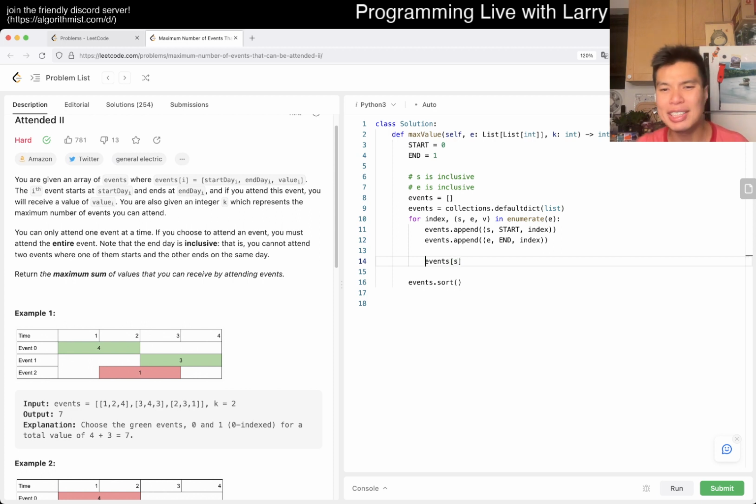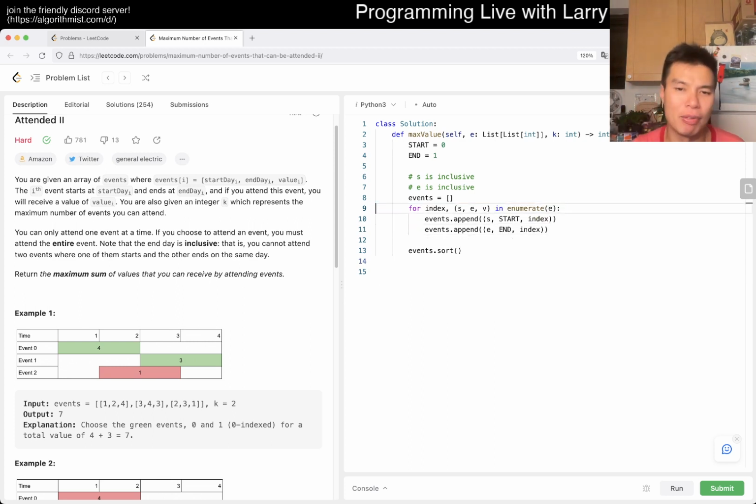Or you could even do it two ways. You could do it in a lot of ways, and then you could sort it inside that. It really depends on the problem, so you may want to explore that a little bit.